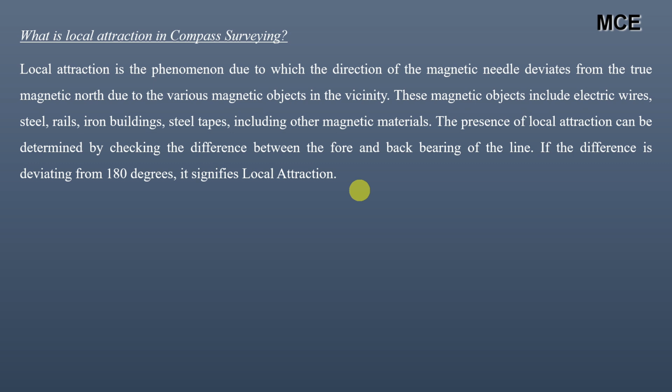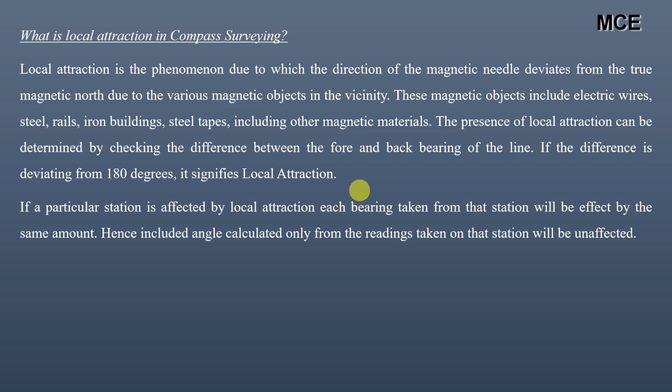The concept we use while finding the correct bearings using the included angle method is that if a particular station is affected by local attraction, then bearings taken from that station will be affected by the same amount. Hence the included angle calculated only from the readings taken at that station will remain unaffected.